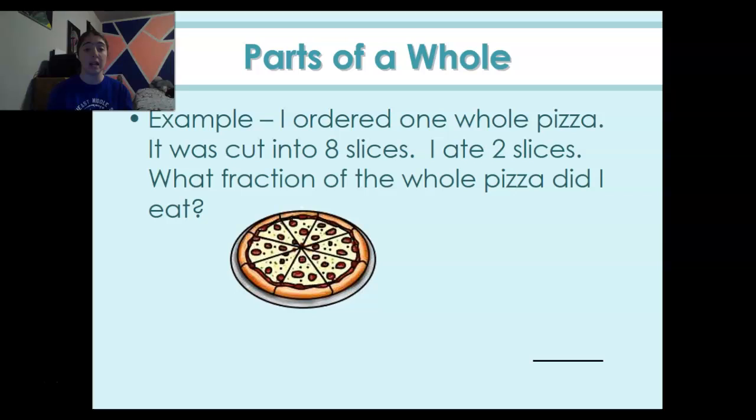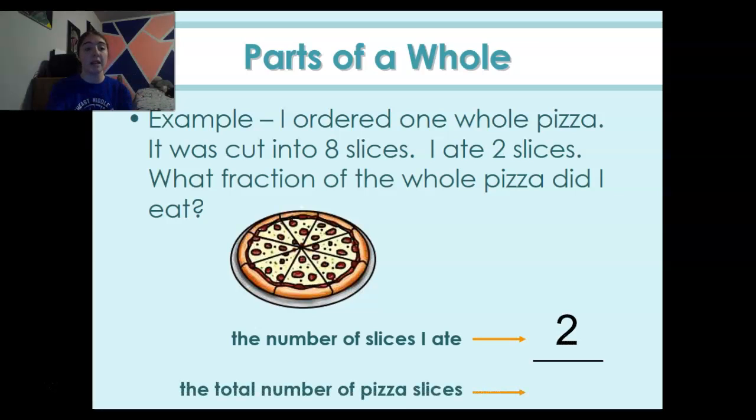So that would be our denominator, 8 slices, and I ate 2 slices. So 2 would be our numerator. The number of slices I ate would go on top, so it'd be 2. And the total number of pizza slices that we cut it into, which would be 8. So out of the whole pizza, I ate 2/8 of the pizza.